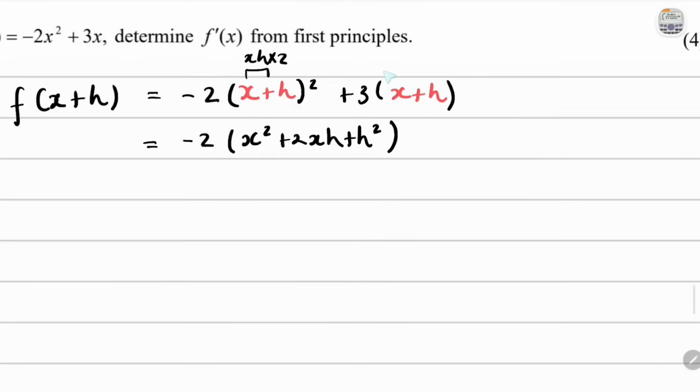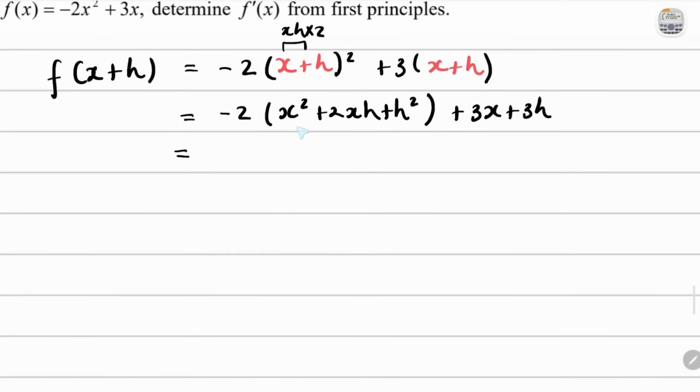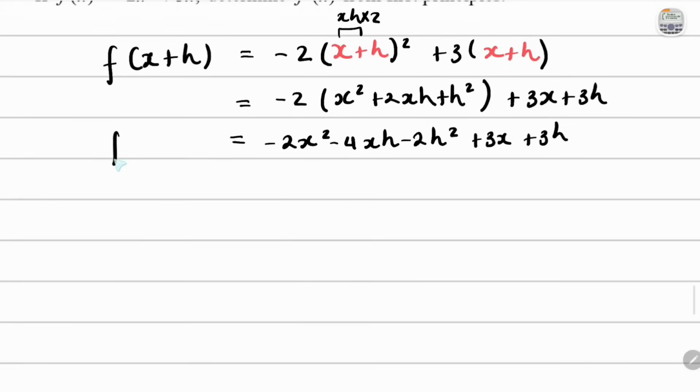Then here we can just distribute, and that is going to be positive 3x plus 3h. And finally here distribute. So negative 2x squared minus 4xh minus 2h squared plus 3x plus 3h. And that is our f of x plus h.